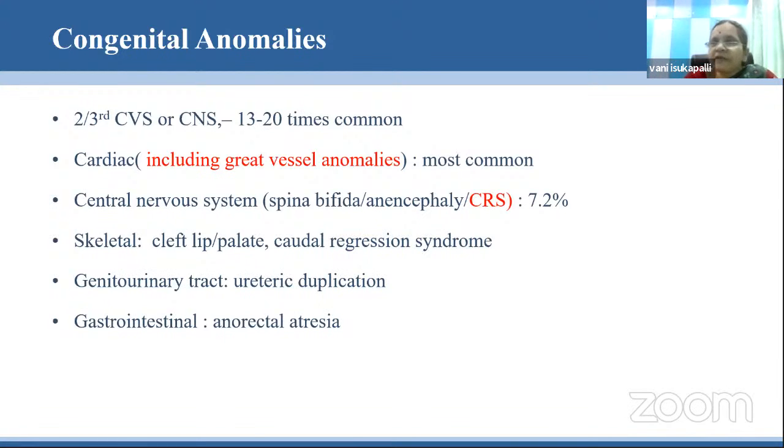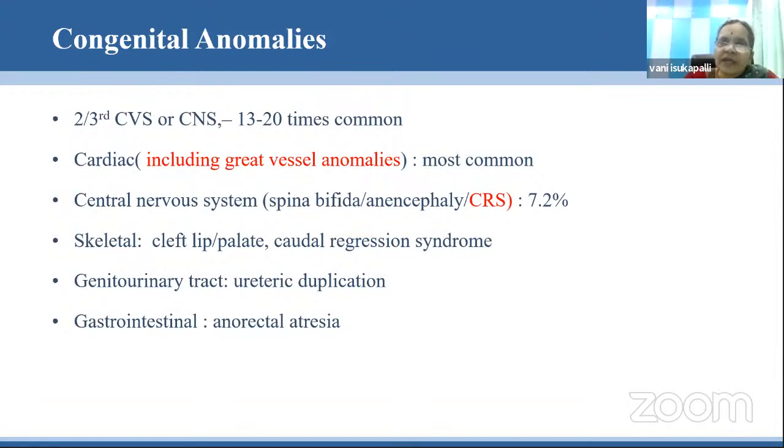So this embryopathy will result in congenital anomalies of the fetus. Majority of the abnormalities in the fetus are in the CVS, cardiovascular system, or in the central nervous system. So they are the most common abnormalities which can happen in the embryo.